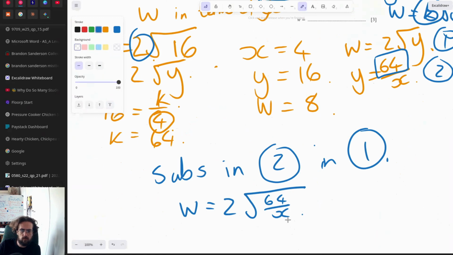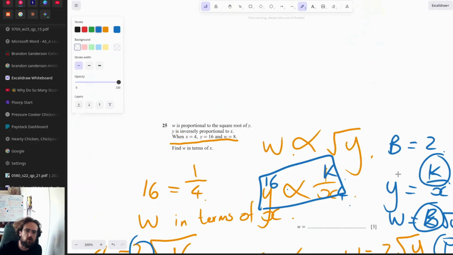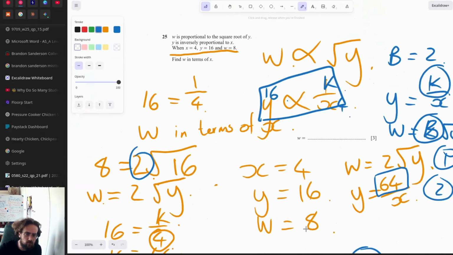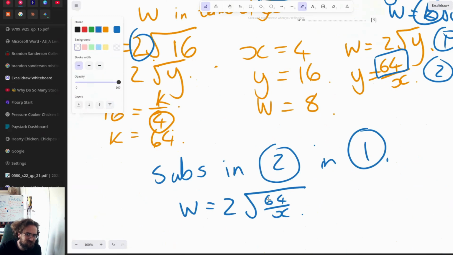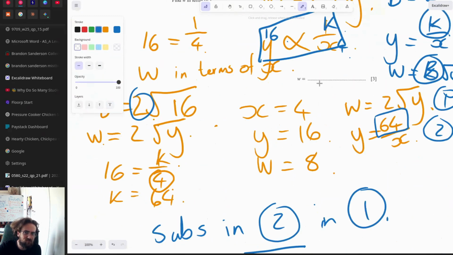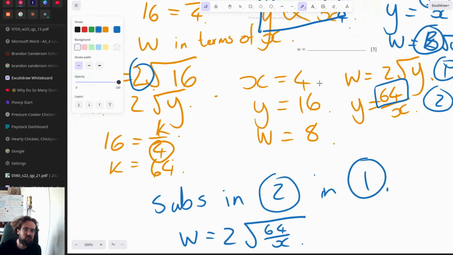But x is still 4 then, right? Well, we don't know what x is. We're finding the answer in terms of x. Oh, okay. We don't need to give an actual number. Okay. So the question here is w is equal to? We don't have to do more than that. Could I do more than that? No.